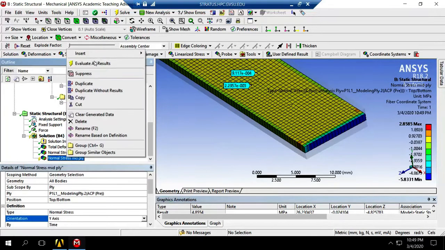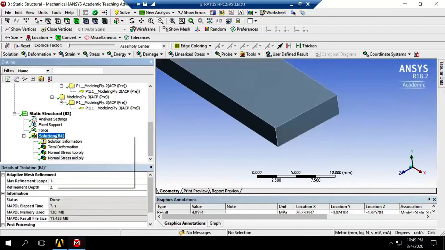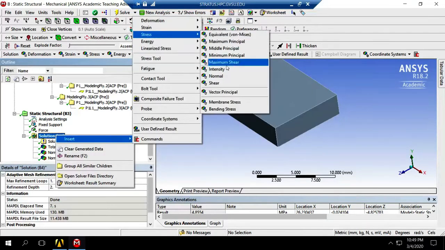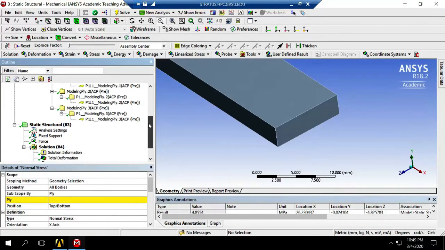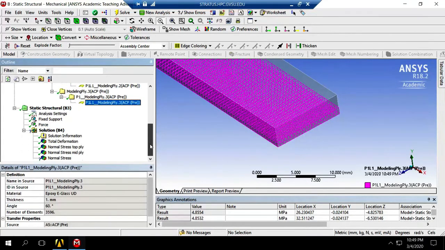Let's see what we get. Alright, so let me see. Okay, again, it's not significant. Okay, so let's look at the last layer, the normal stresses in my third ply, the bottom ply.